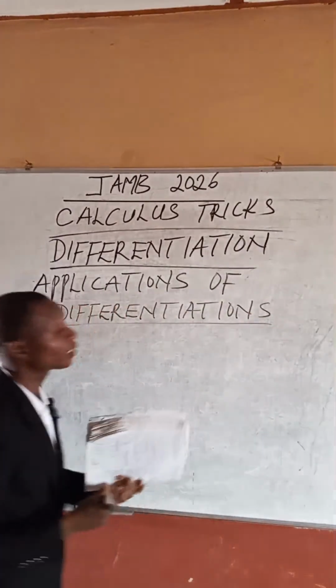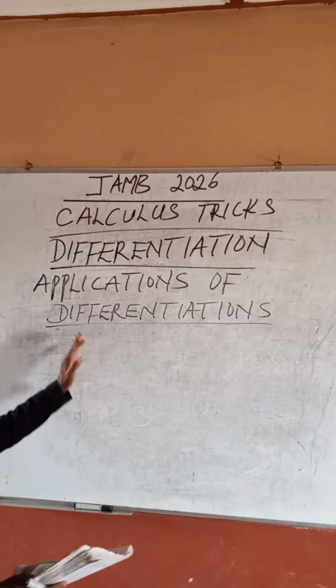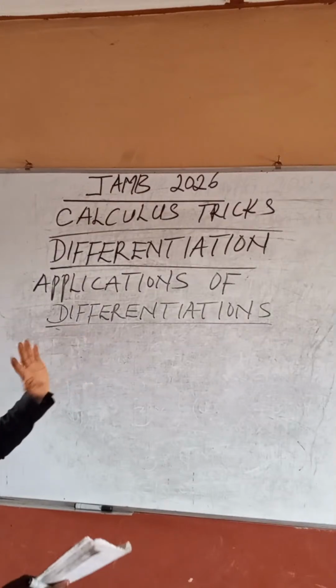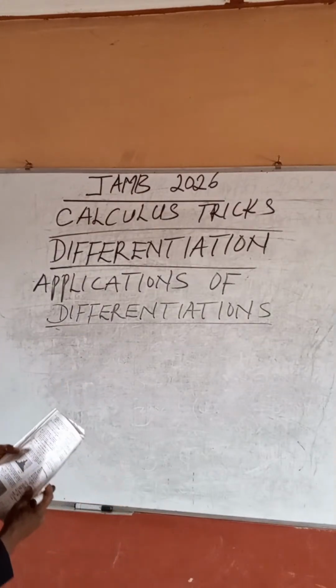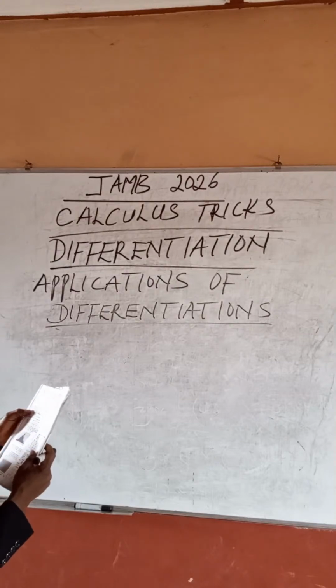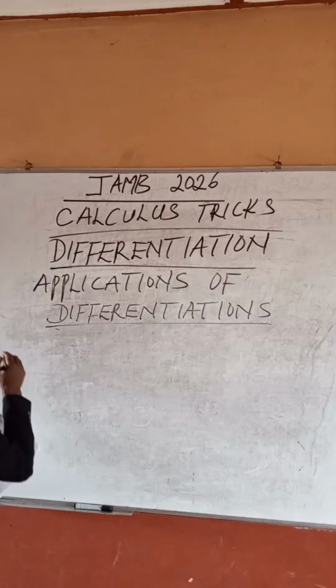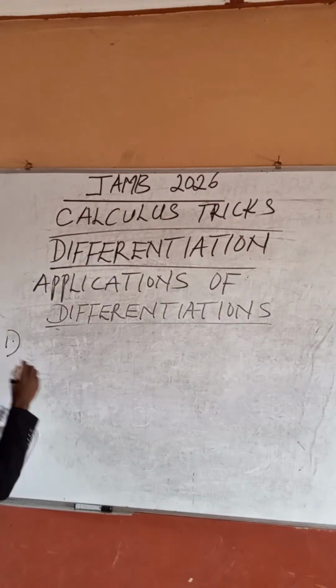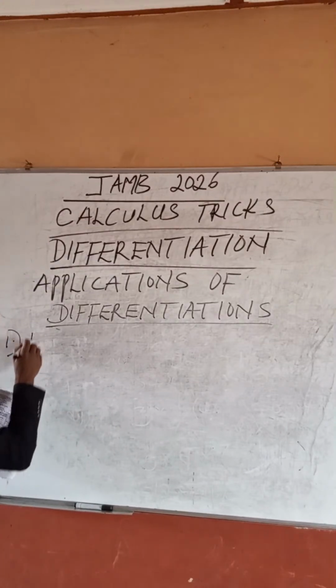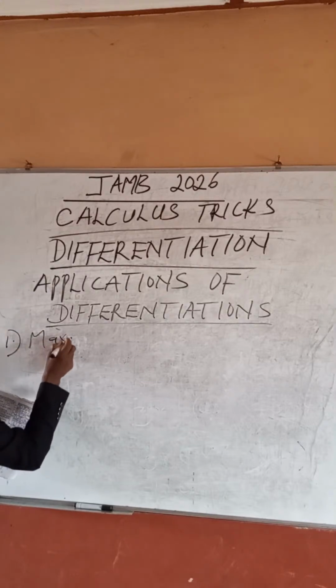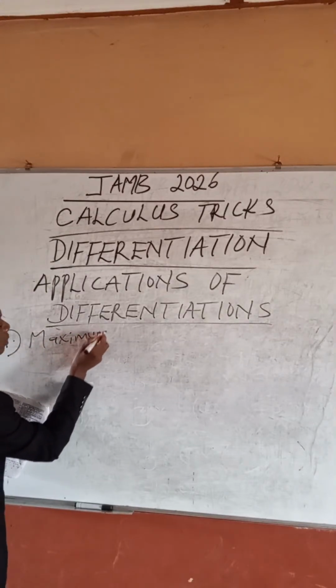JAMB loves applications a lot. Applied questions. They love when you apply things. That is what they love so much. Now, the first one is what's called maximum and minimum points.